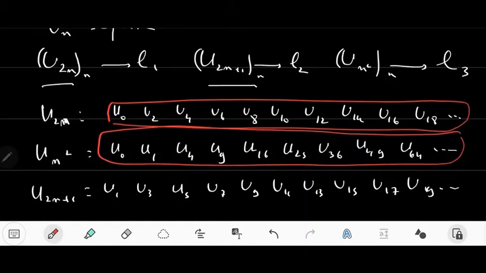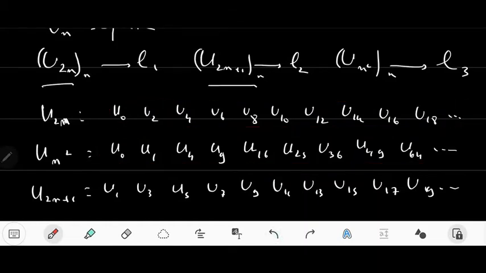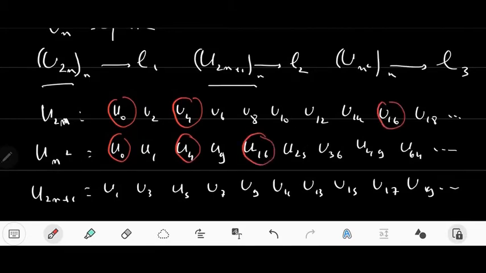I will re-explain. If you take the following subsequence: u0, u4, u16, u36, which should be somewhere in here, right? And you continue.